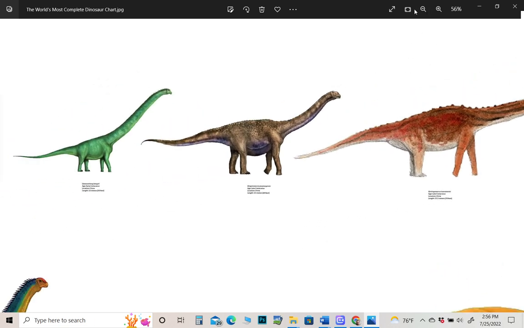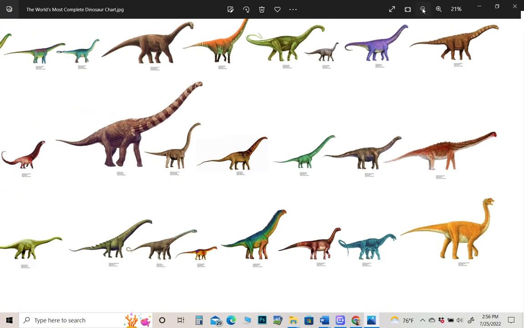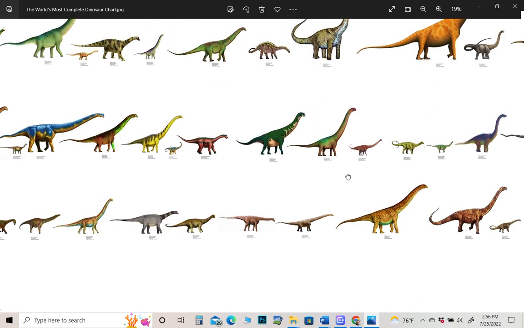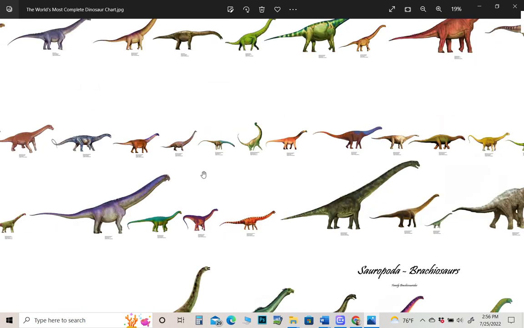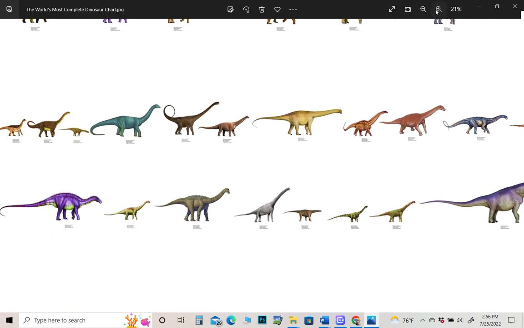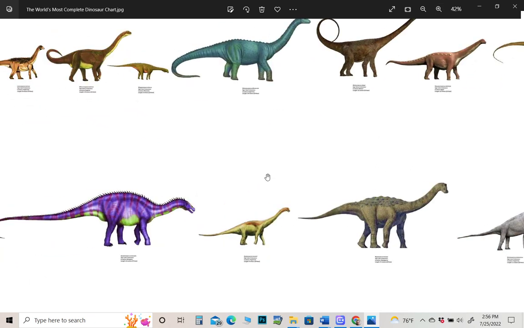By the way, in the Titanosaur grouping, there is a dinosaur for every letter of the alphabet. This is kind of fun, it's that big. It's big enough it has at least one dinosaur starting with every letter of the alphabet in it. It's a neat little piece of trivia.